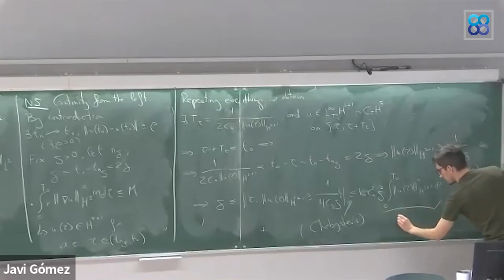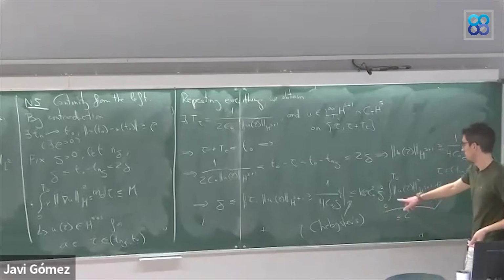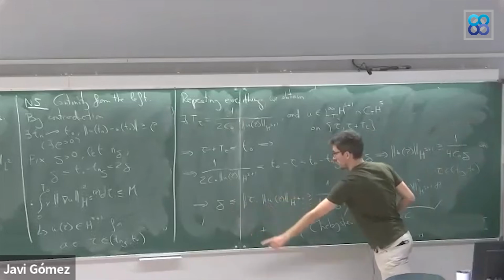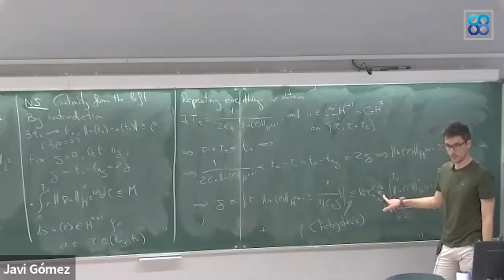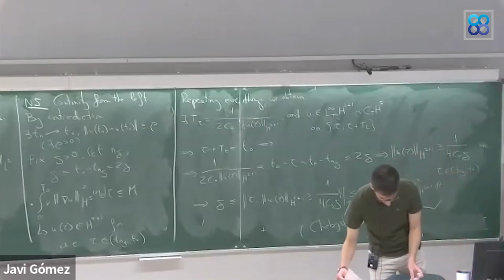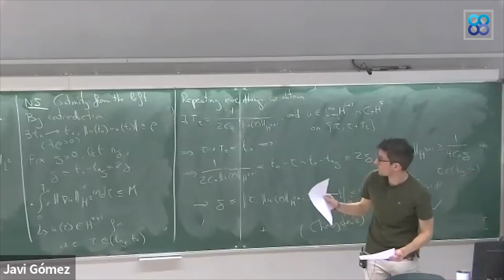The thing is that this is bounded. This is controlled. So choose delta small enough so that this is a contradiction, because here we have delta and here we have delta squared. Okay, so now the proof is complete.